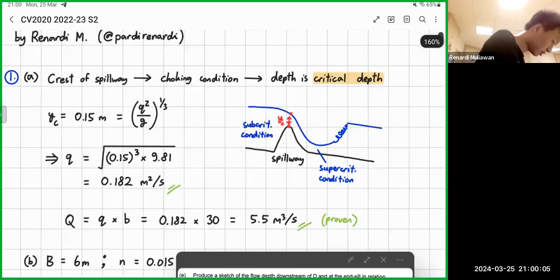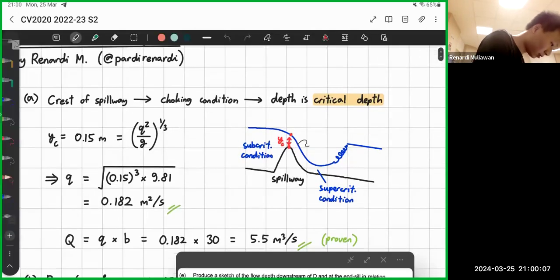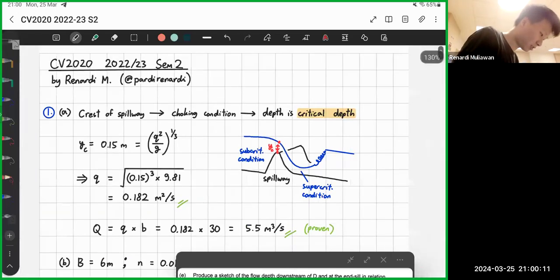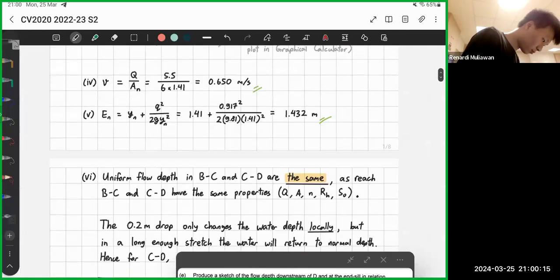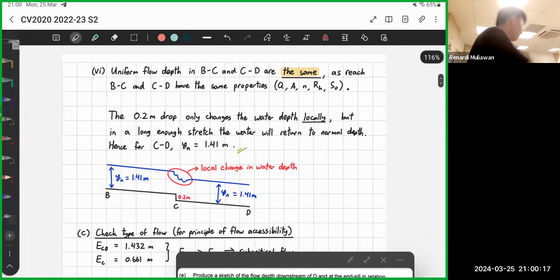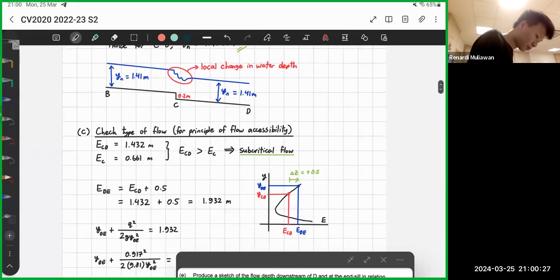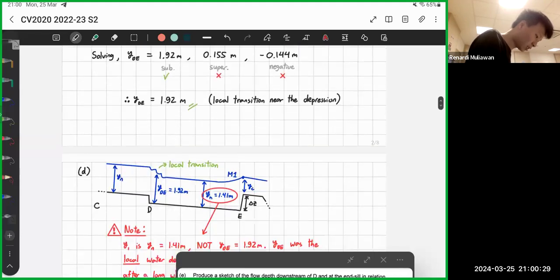The spillway just now is like this. This is the one that we did just now. So initially it's Yn 1.41. Even though there's a depression here, it's just a local change, then back to Yn. Then this one is the thing just now.